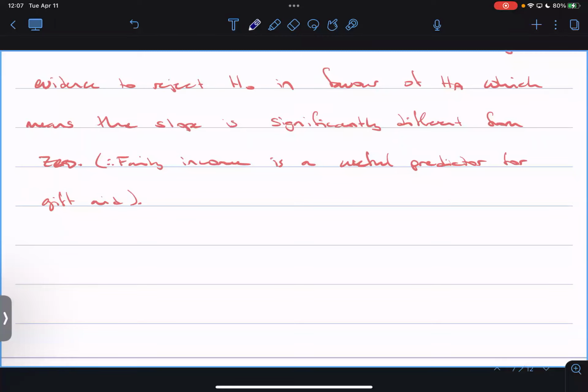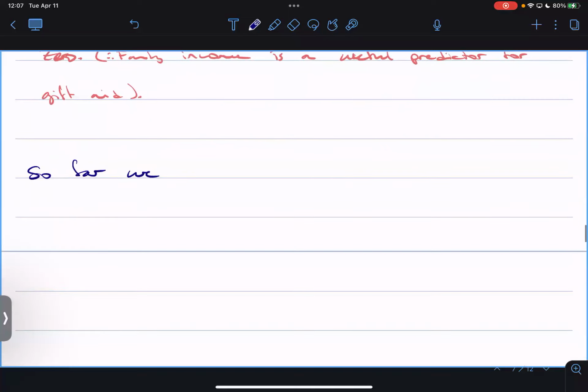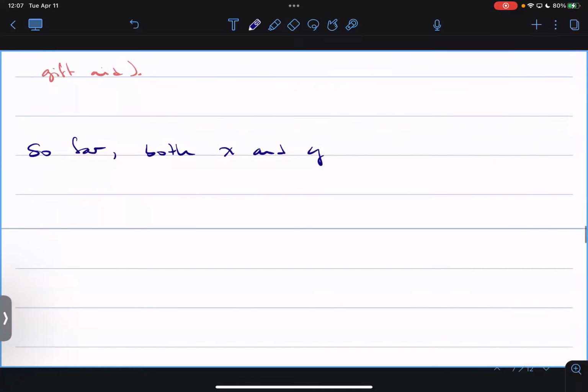One thing that we haven't talked about that you have probably seen maybe is if we have a categorical predictor, so a categorical value of X, right? And so far, both X and Y have been numerical.